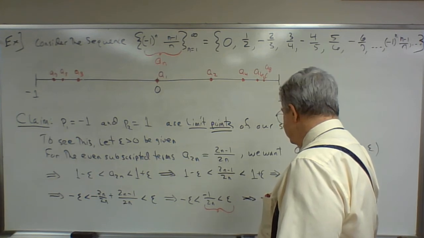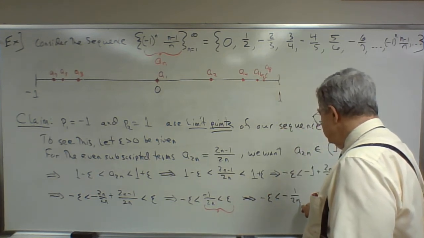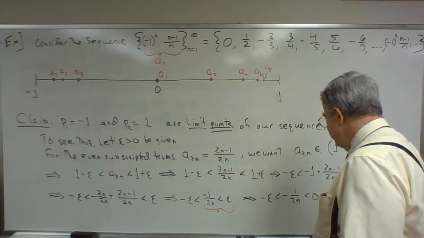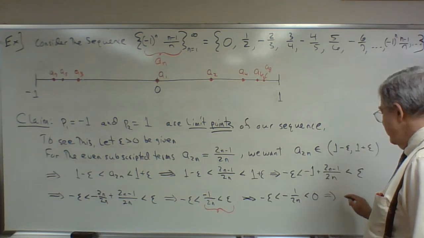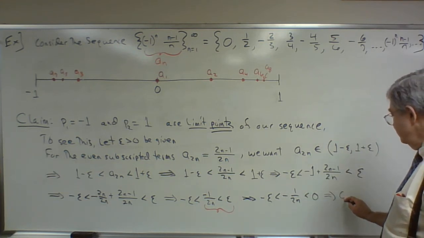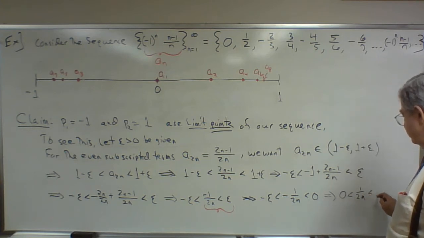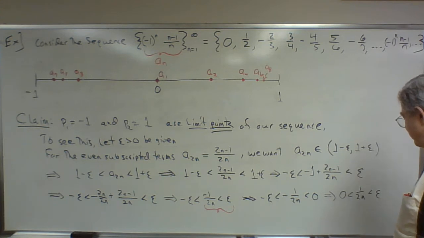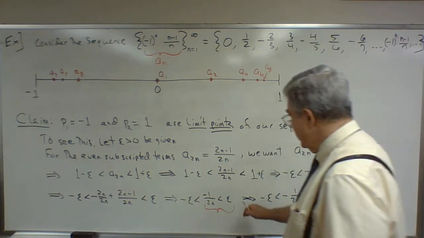Negative epsilon is less than -1 over 2n, which is less than 0. And then I could say that when I multiply both sides by -1, 0 is less than 1 over 2n, which is less than positive epsilon. And this is what I want to key in on.